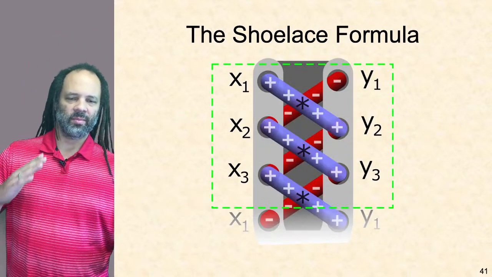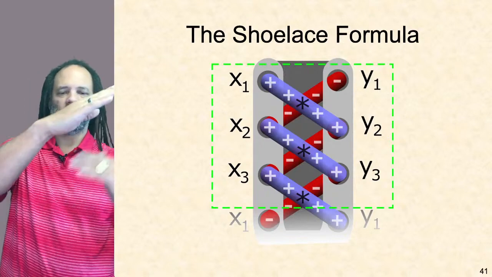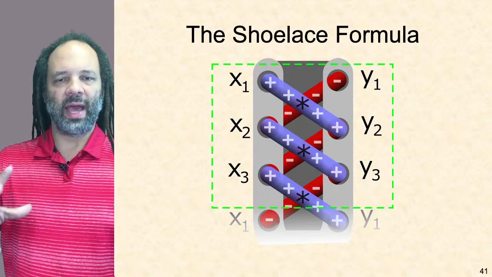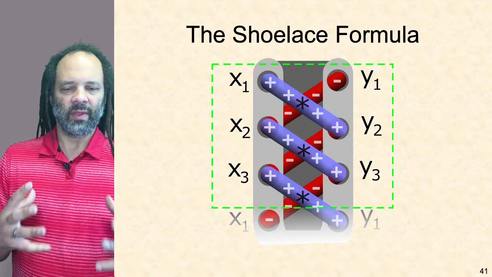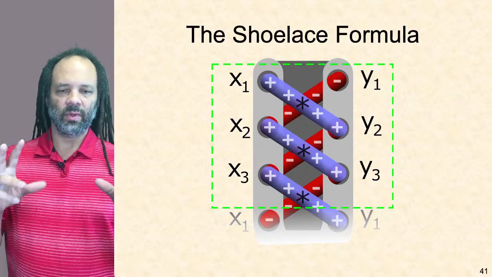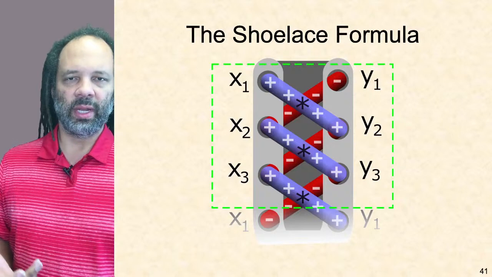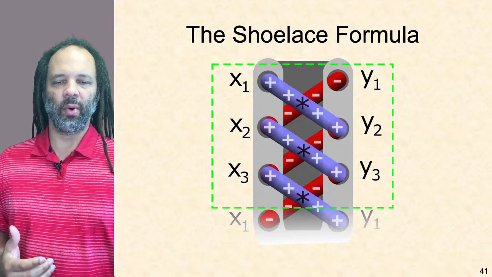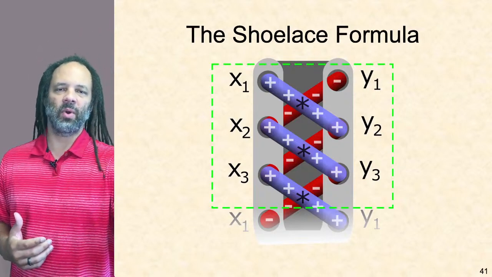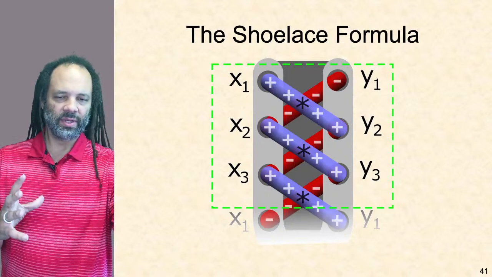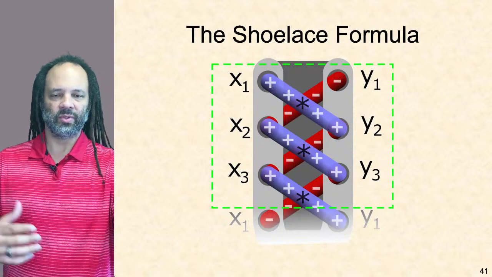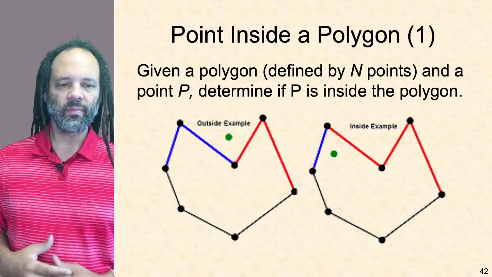So we've got the plus ones and the minus ones and the plus ones and the minus ones, and as you do that, we end up getting the area of a polygon using what is known as the Shoelace Formula. And we could do it in linear time, linear in the number of points. So that's pretty cool. It's much easier to deal with than trying to figure out how to do this with triangles.